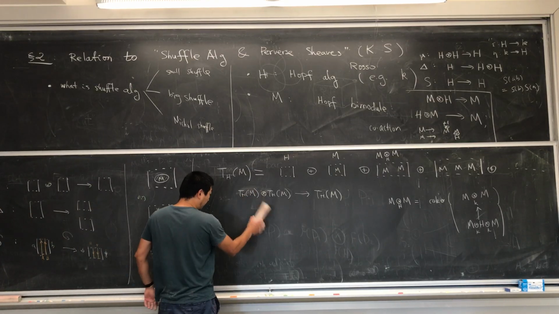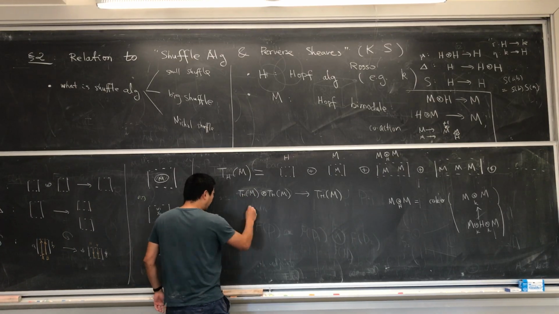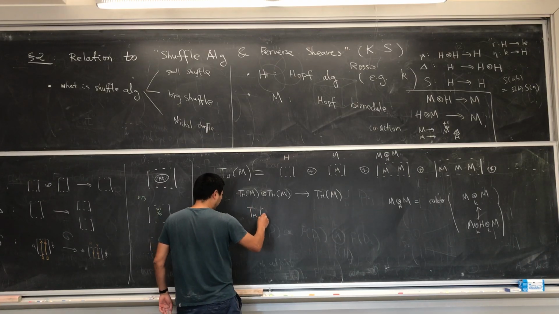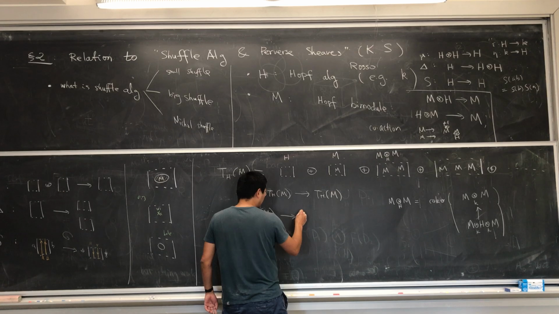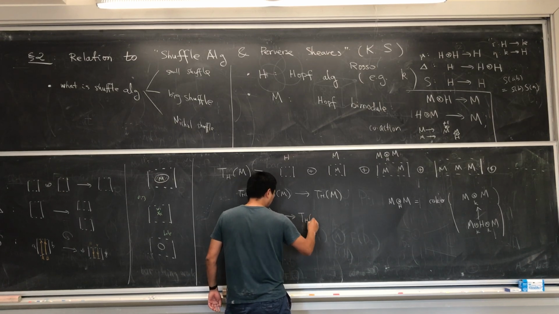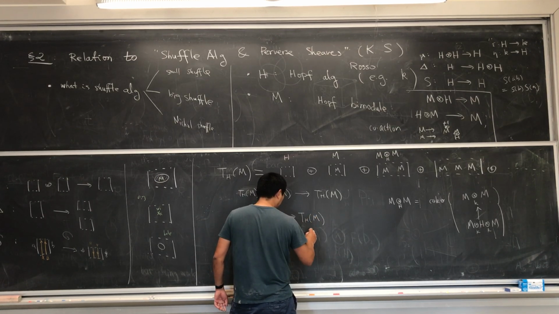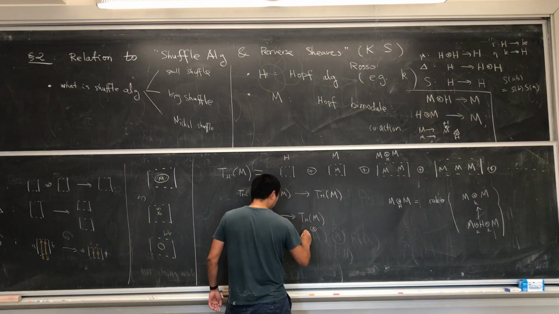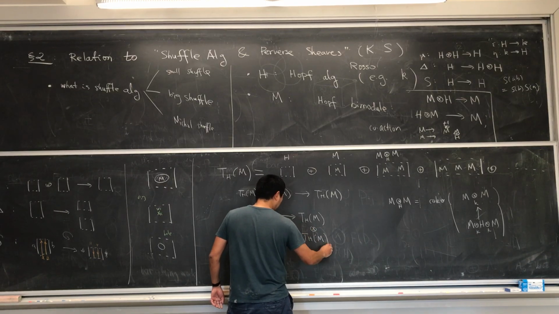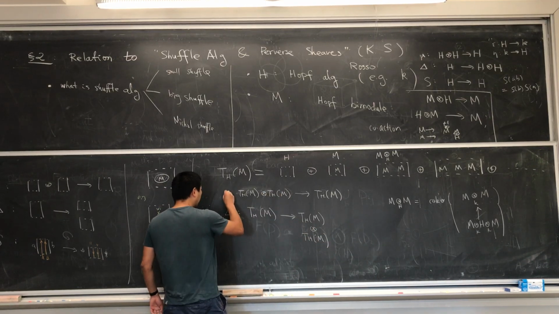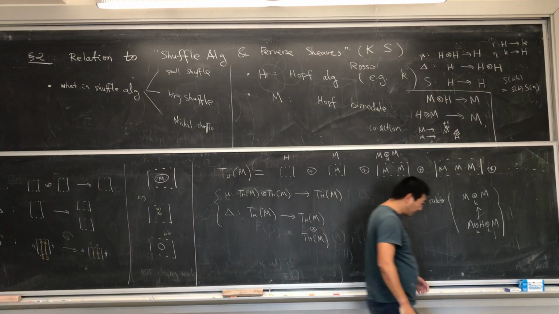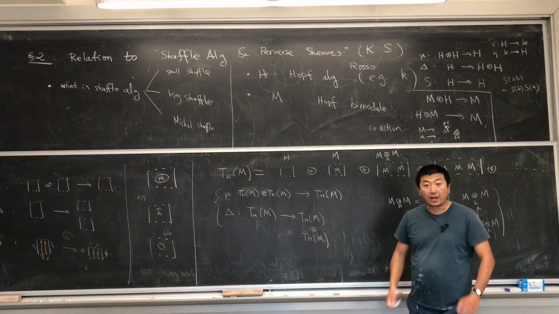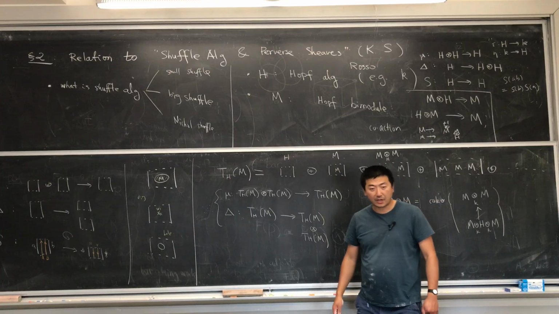Sorry, I blank a little bit about what is the product and coproduct structure for this guy. So the upshot is that we have another Hopf algebra coming from this construction.